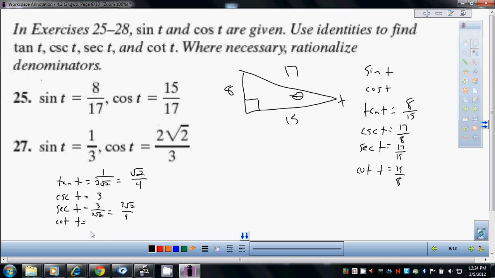The algebra is a little tricky on this one. What do you mean from the right angle?